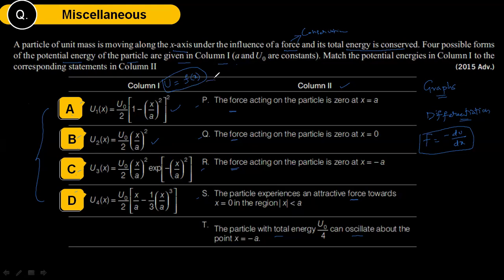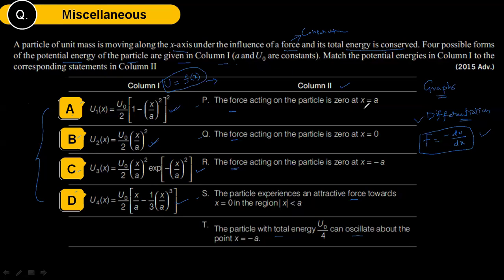For calculating the force, we will use this formula, -dU/dx. So in order to match column 2, you definitely need to calculate the force. I hope everyone is comfortable with differentiation. Then you can differentiate these and you will get the corresponding force.